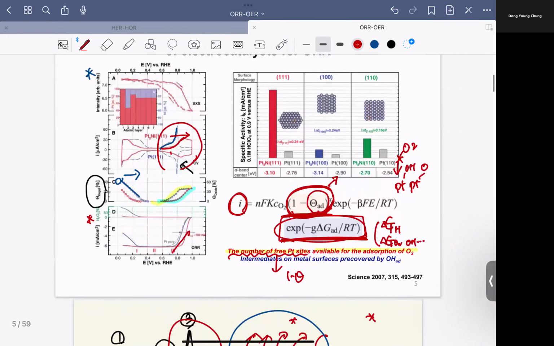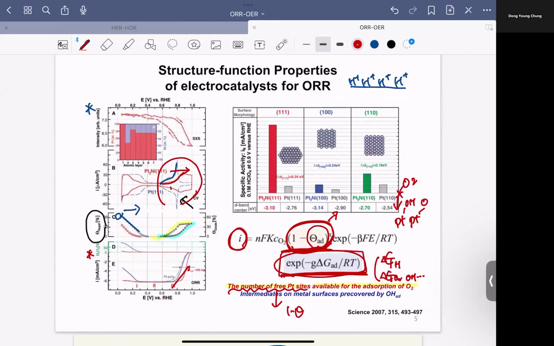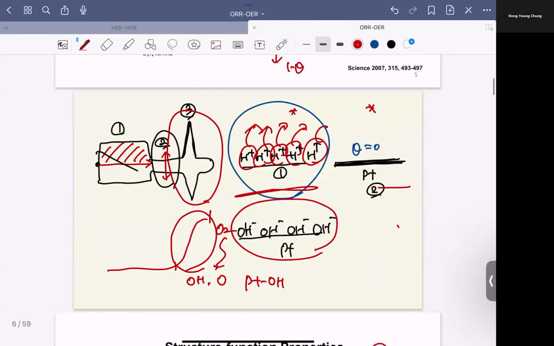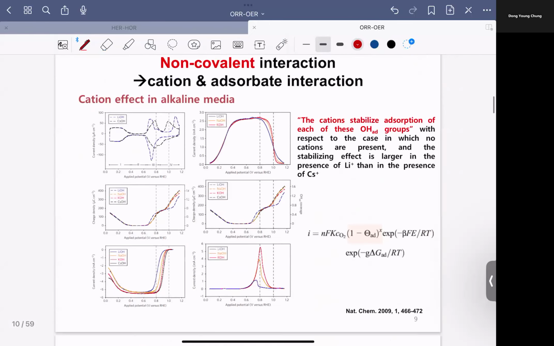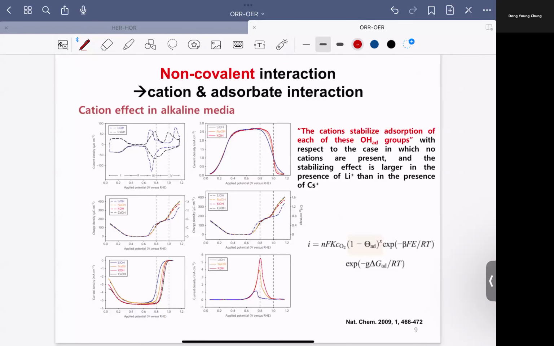And in here, we discussed that if you introduce nickel into the platinum, for example, platinum nickel, then you can decrease the platinum OH binding energy, so you can increase the overall activity. So for the cation effect, we would like to discuss whether there is any crosstalk between the cation and OH on the platinum, right?